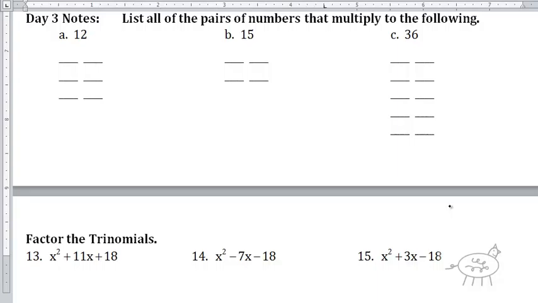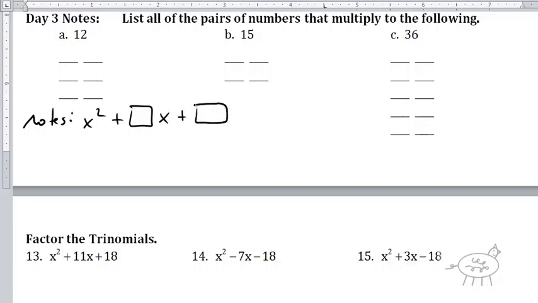All right? So basically, if you guys can take a little bit, these are some notes right here. And really what I have is, I'm not even going to fill it in, but if I just have x squared plus something x plus something.